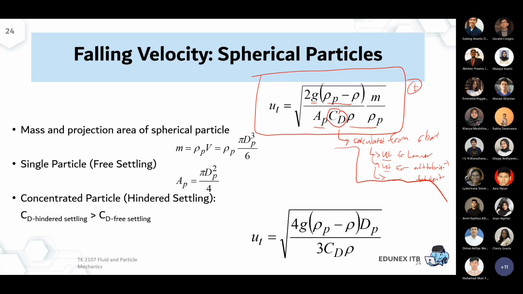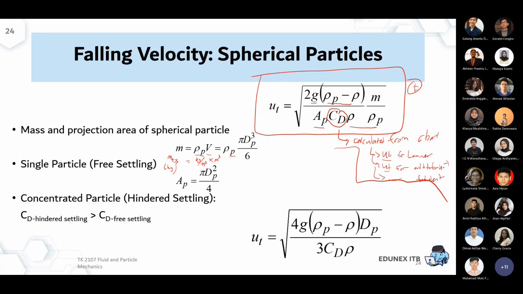Over here it's a substitution. We know that this is mass, and mass is of course in kilogram, and mass can always be calculated as density times volume, kilogram per meter cubic times cubic meter, so it becomes kilogram. So rho particle remains the same, and that's the volume of the particle.